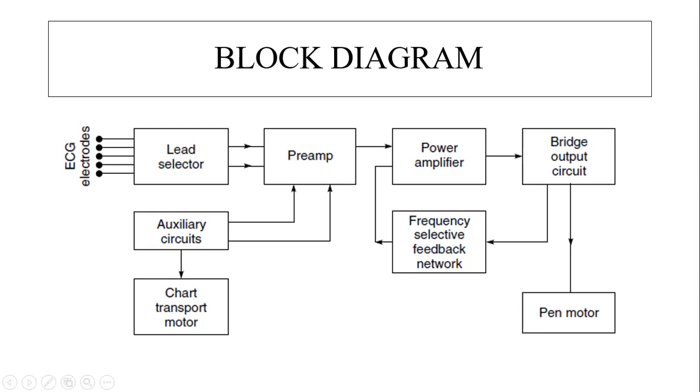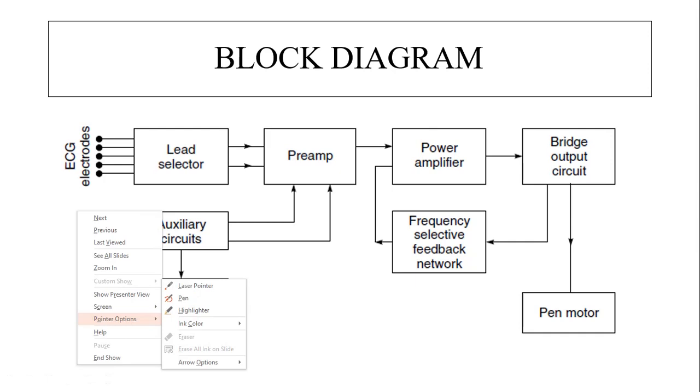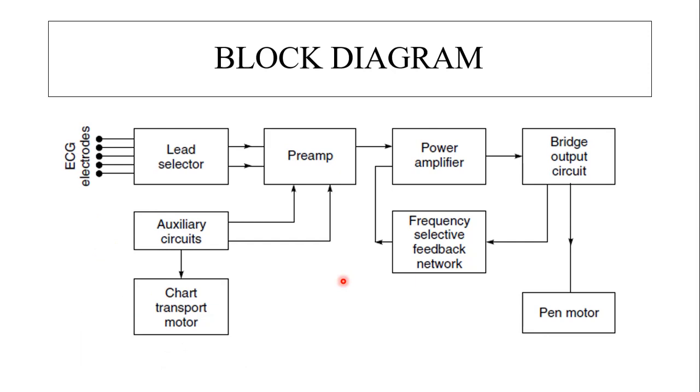When the ECG signal is acquired through the electrodes by connecting different types of lead connections, the potential signals are picked up by the ECG electrodes from the patient.